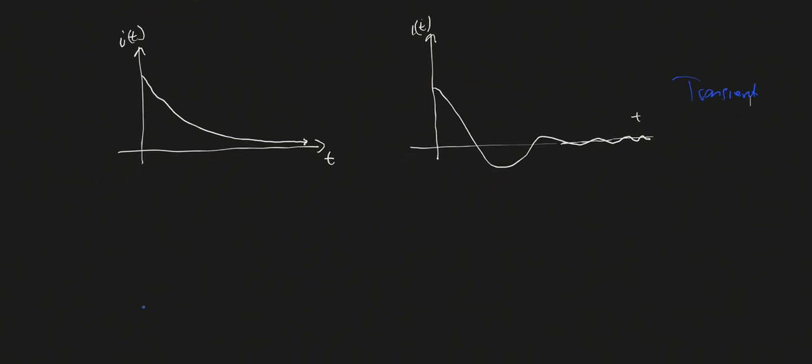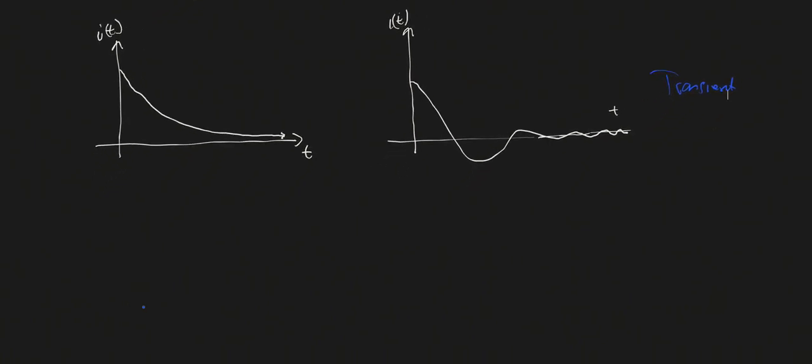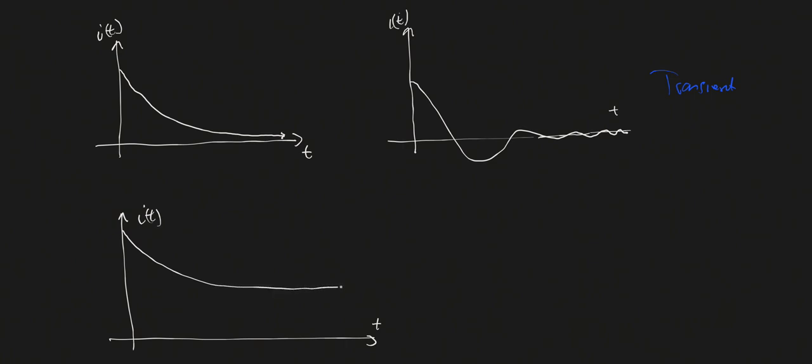As far as the steady state, if we were to plot I of t with respect to t, you would see something like this, where it approaches a constant, but a non-zero constant.